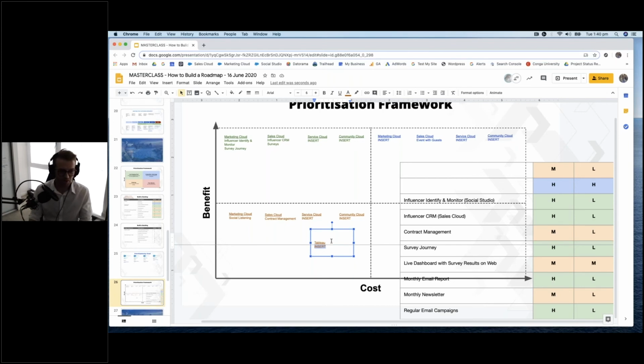So what do we call this? Live dashboard on web. Okay, but then we may have, instead of doing that, which was kind of that bottom left, if we say monthly email report, so it's actually a stats report, wine stats, monthly wine stats email, probably a better word for it, wine stats email.